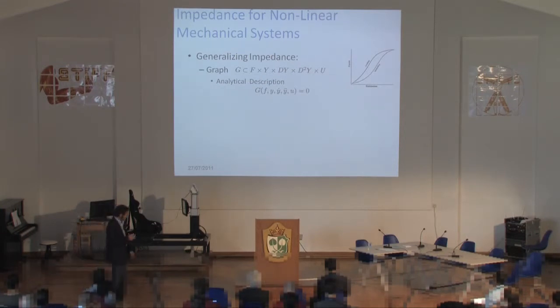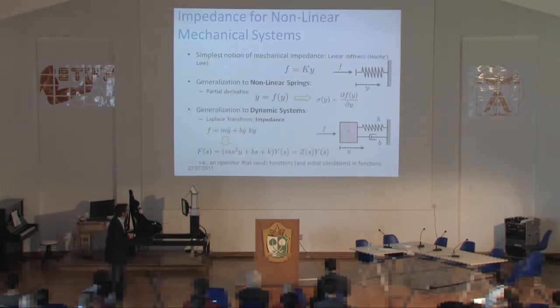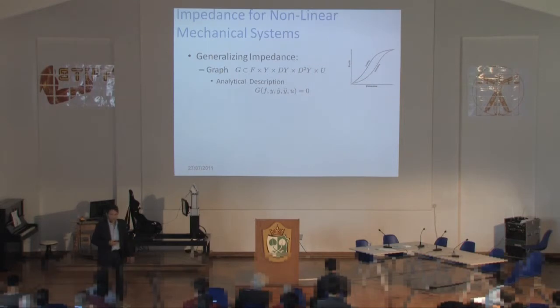How do you generalize this notion to the nonlinear case? Of course, in the nonlinear case, you do not have Laplace. Okay? So you need to do something more complicated. Now, what you can assume you have, I think the most general view you can take, is the following.